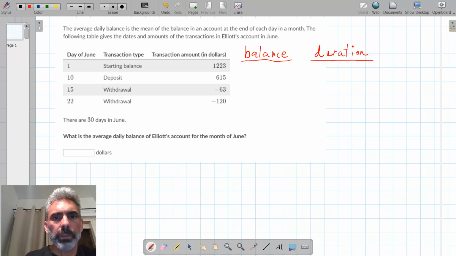Okay, so the starting balance was 1,223 and it stayed the same for a duration of 9 days.